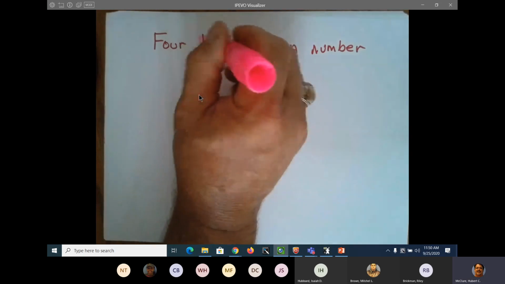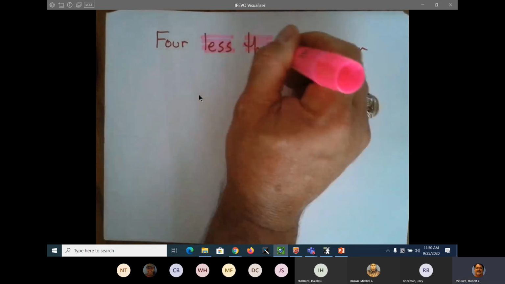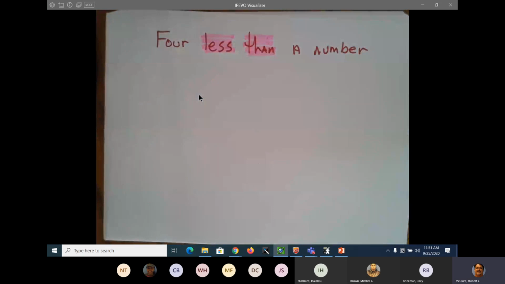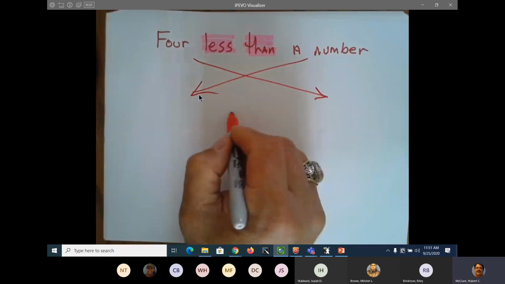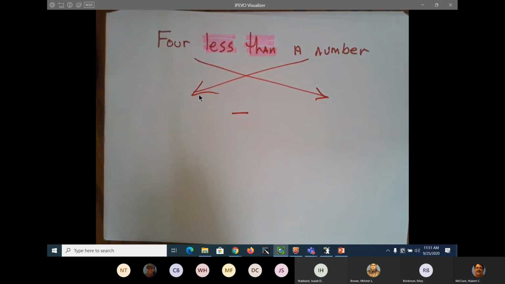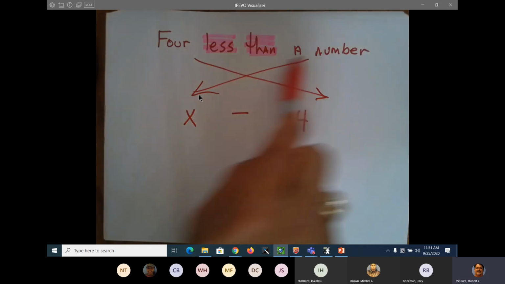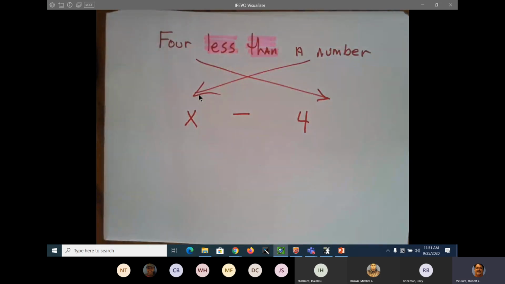But when you see less than a number, crisscross. And add a subtraction symbol for less than. 4 goes over here, and X goes over here. Remember this, because you will get one wrong on the test if you don't follow this crisscross. And the only time is when it says less than.